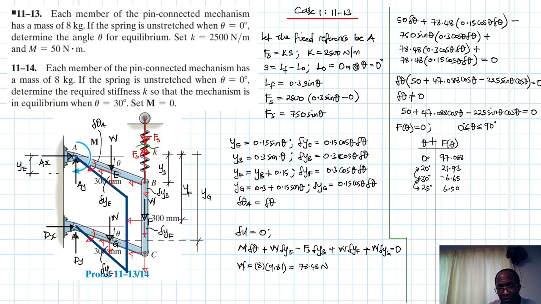We get those values, we get the average of 30 and 25. So the average of that gives us a 27.5 degrees. We plug it in, so we have 50 plus 47.088 cos 27.5 minus 225 sine 27.5 cos 27.5.